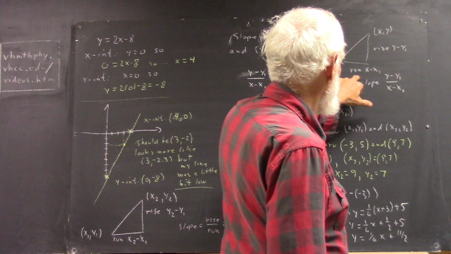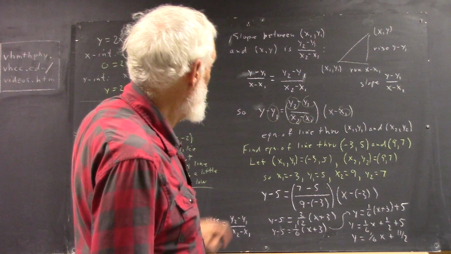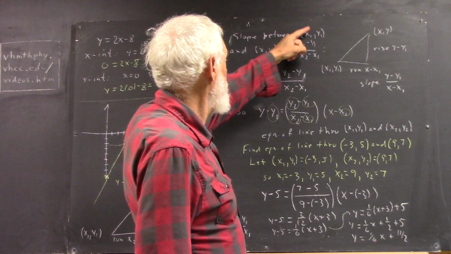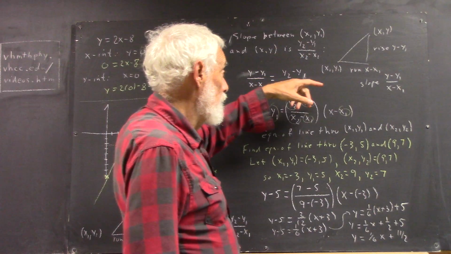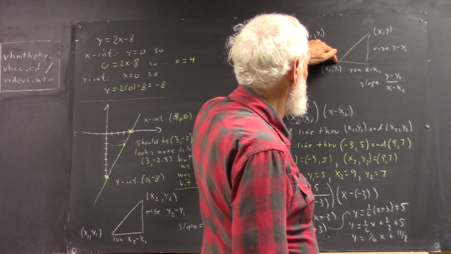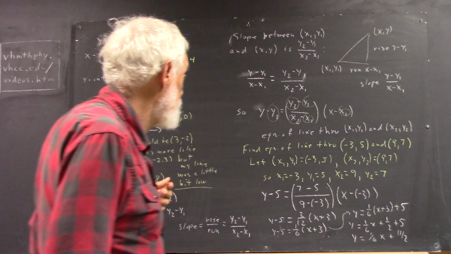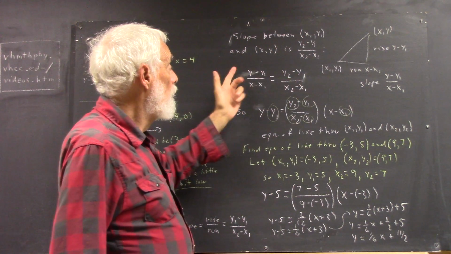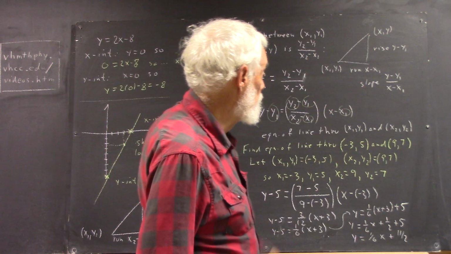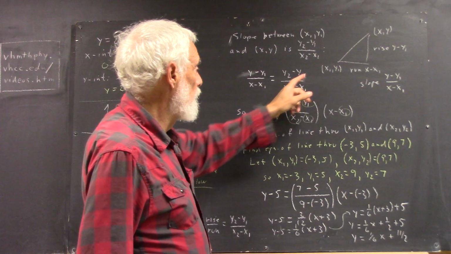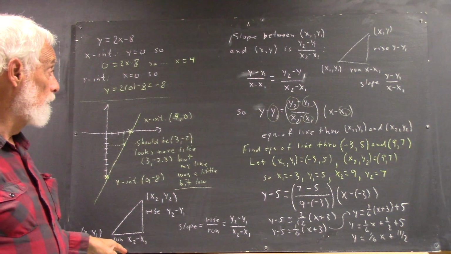The rise is y minus y1, the run is x minus x1. So if the slope between here and here is equal to this slope, then our equation would read y minus y1 over x minus x1, the slope of this fundamental triangle, equal to y2 minus y1 over x2 minus x1, which is the slope of this triangle.